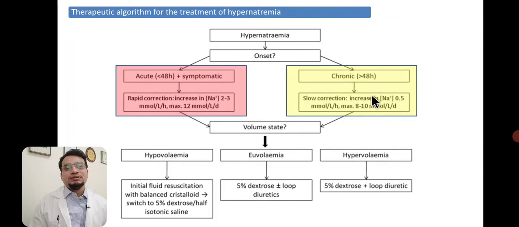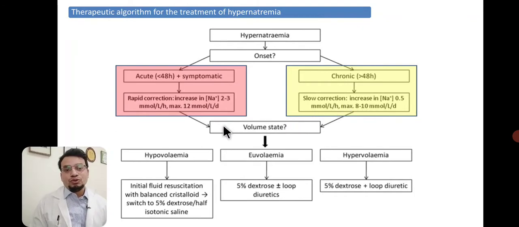In case of chronic onset hypernatremia or hypernatremia of unknown onset, the correction should be slow, not more than 0.5 millimole per liter per hour. That is the maximum correction rate, but the overall correction should not be beyond 10 millimole per liter per day. So the onset decides the rapidity of correction.